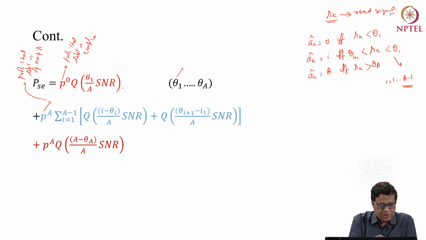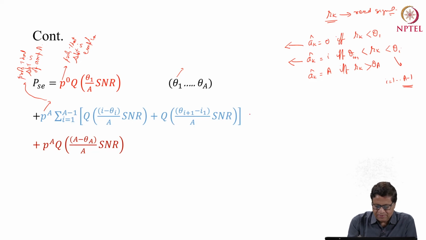So this first expression is because of the empty slot, which comes from this condition. The second comes from this condition, which is given by Q, again this is theta I minus I and theta I plus 1 minus I, divided by A into SNR.